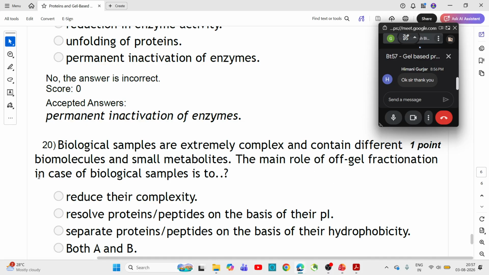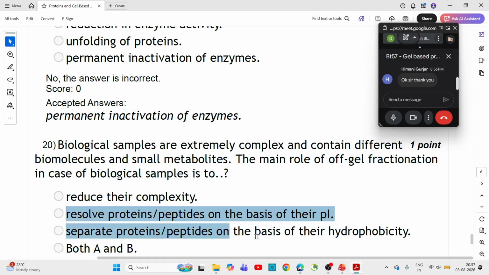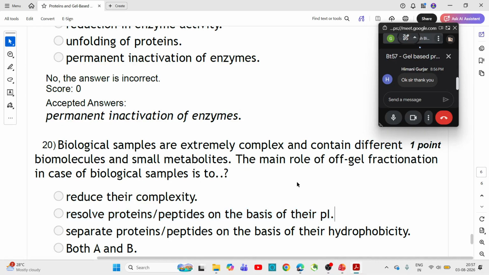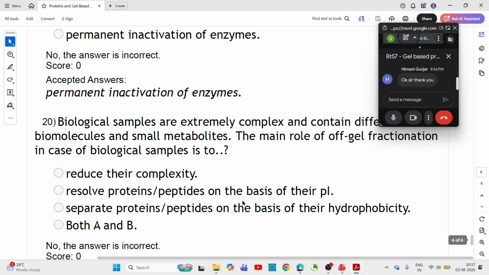The main role of off-gel fractionation in the case of biological samples is to: reduce the complexity, dissolve protein peptides on the basis of the pI, and separate proteins on the basis of hydrophobicity, or both A and B. The answer is both A and B.